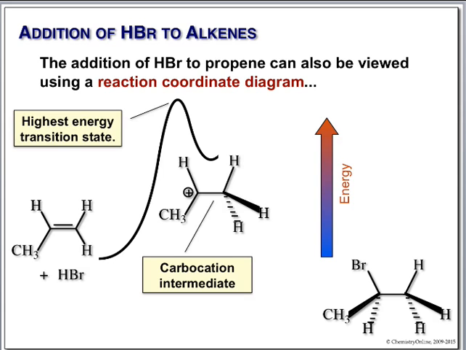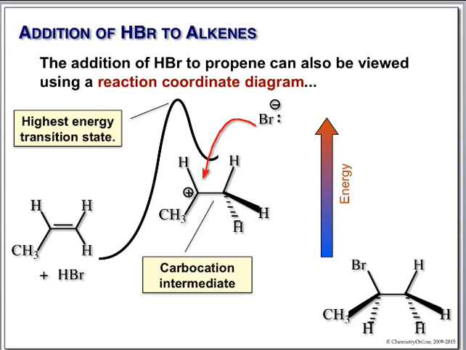Remember, this is increasing energy along this axis. The slow step in the reaction, that is the highest energy transition state, is this guy. It takes a lot of energy to make the carbocation. But once we have it made, it's really reactive.